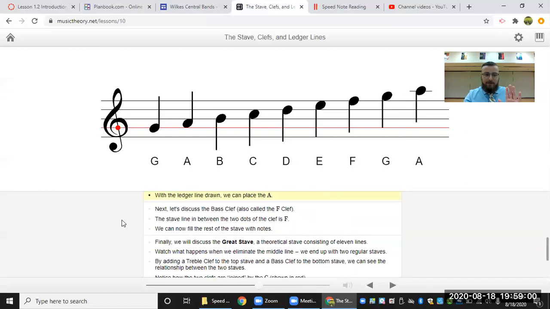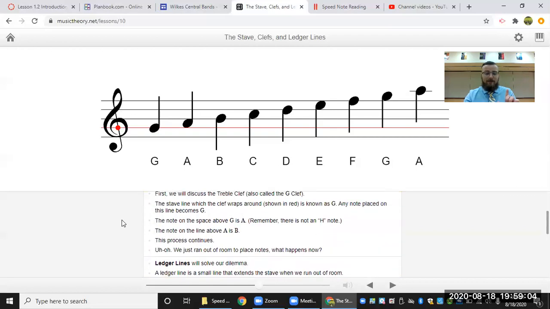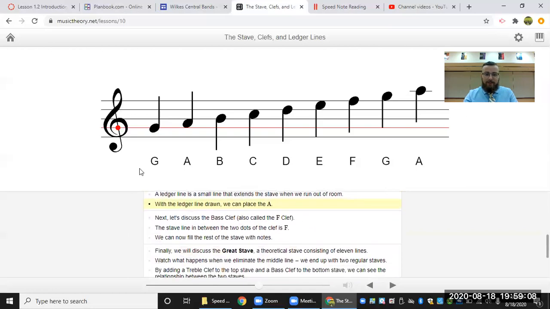Now it's going to move on to bass clef. I don't want to do that yet. I want to stick here for just a minute, okay? There's a really neat acronym that we can learn to memorize what the lines and the spaces are, okay? So let's do this. On the paper that you're taking notes on, here's your next term. It's going to be sort of a long thing.